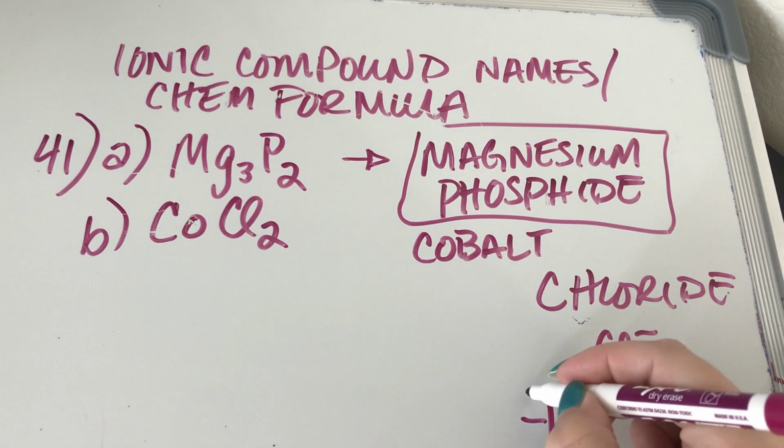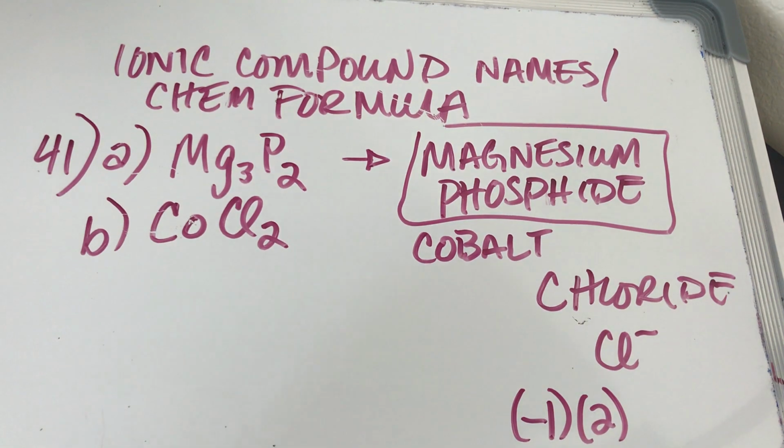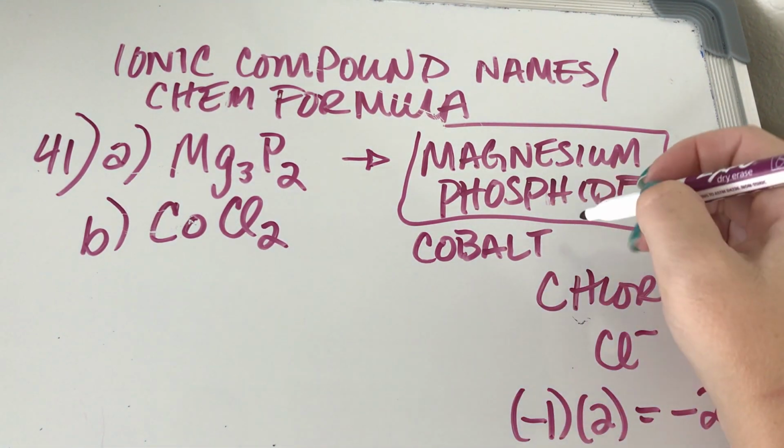So you have -1, and there's 2 of them, so you have an overall charge of -2. So what must the charge on cobalt be? 2.